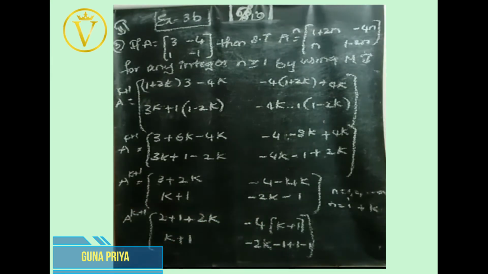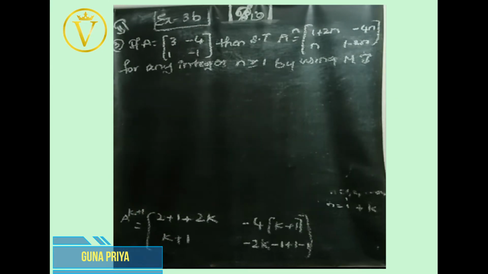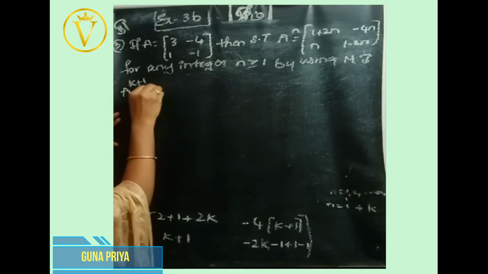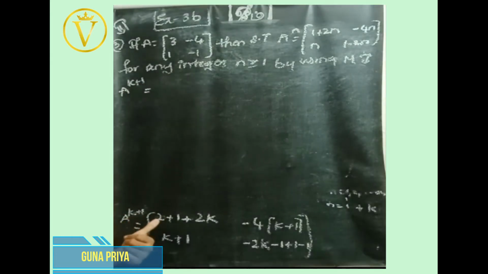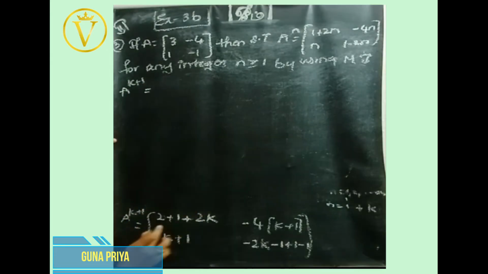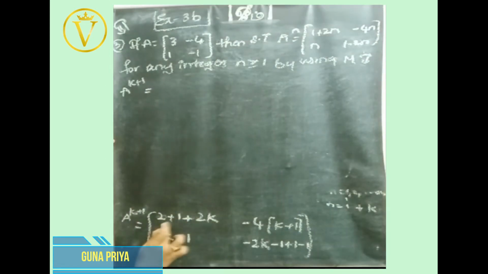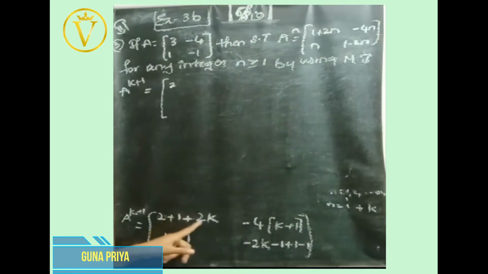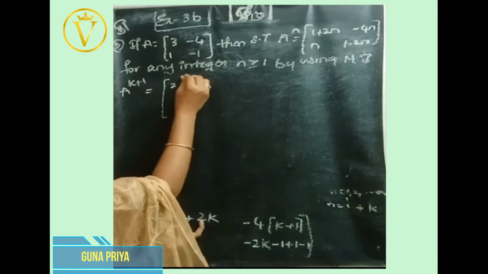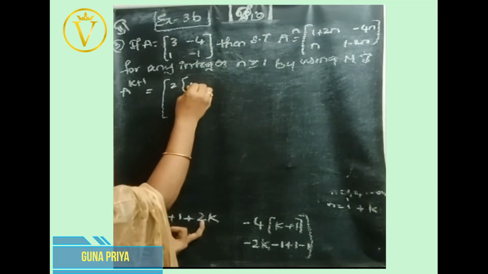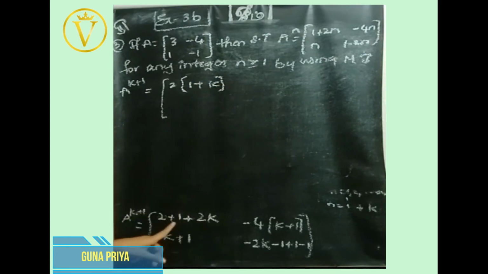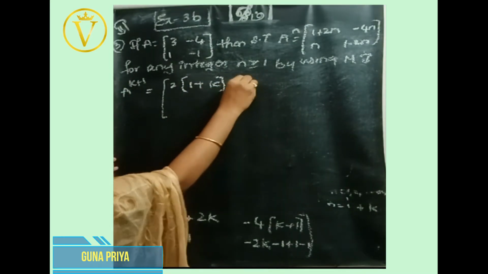Okay. Next we will see here. Now a plus a power k plus 1 equals. Here 2 I am taking common for these two terms. Here we get 1 plus k, close the bracket, and the remaining term plus 1.